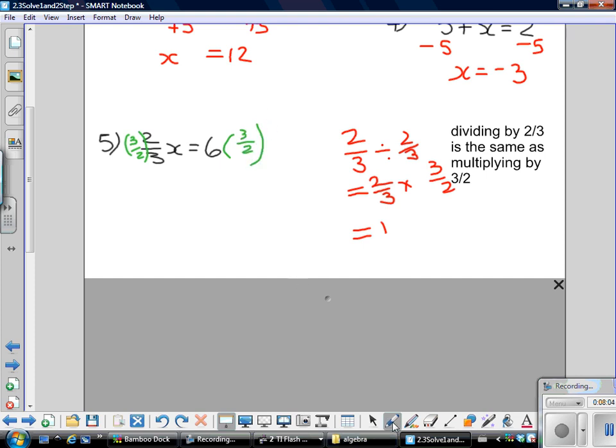The reason we did that is so for this to cancel out, the 3's are going to cancel, the 2's are going to cancel, and I'm left with x by itself equals. Okay, so 6 times 3/2 is the same as 18 over 2, or 3 times 3, which is going to be 9.